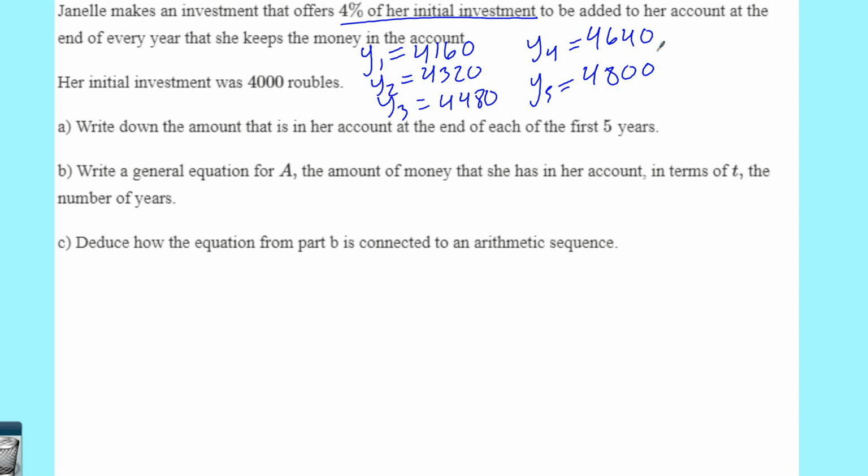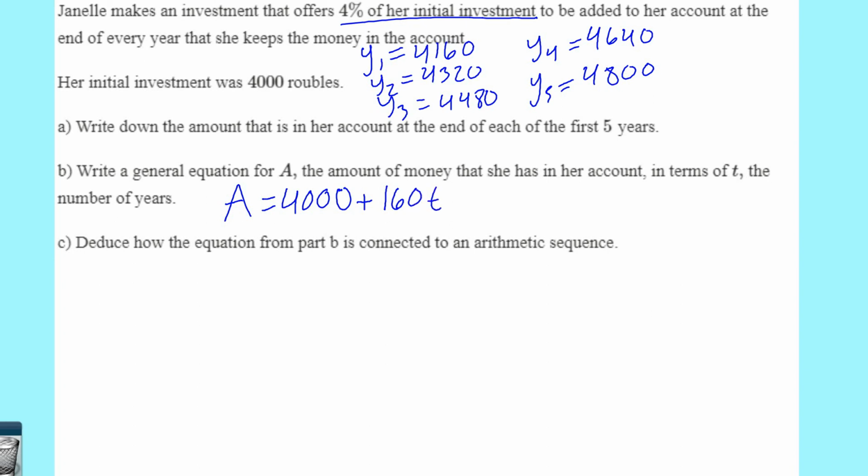Okay. So we're adding 160 every year. Write a general equation for A, the amount of money that she has in her account, in terms of T, the number of years. So, she has 4,000 in her account, plus every year she adds 160.